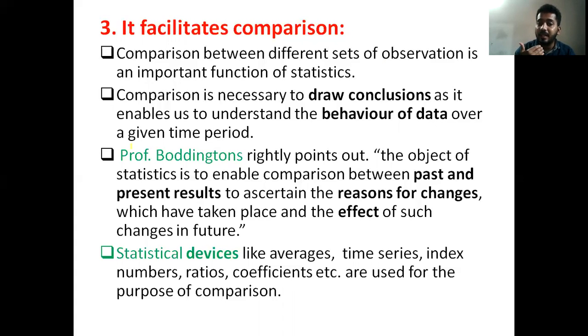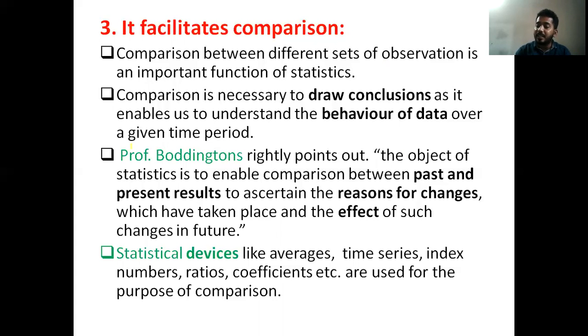By making a comparison, we can understand the reasons for the changes from the previous result to the current result. If we are successful in identifying the reason, then we can predict how it will affect the future.